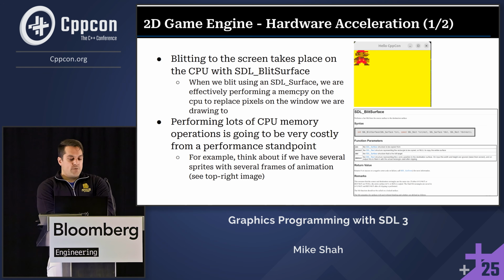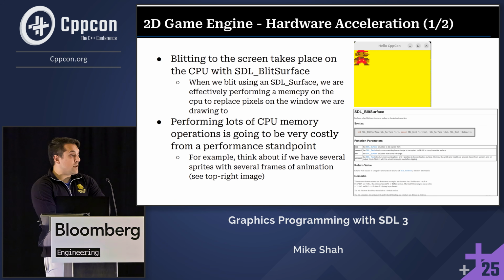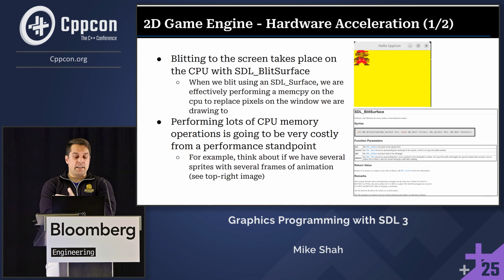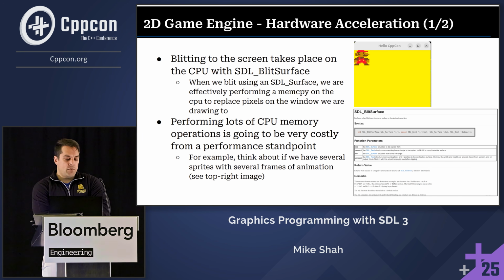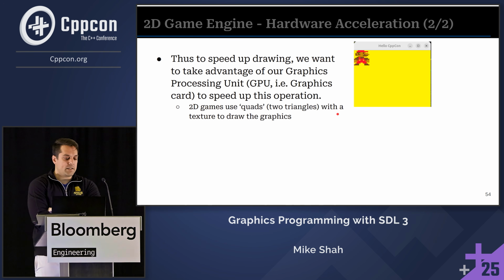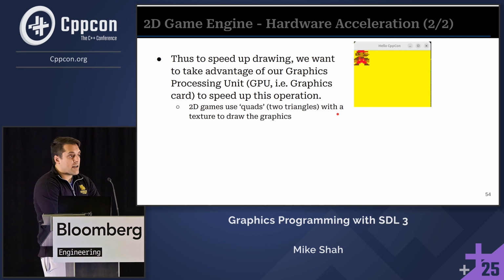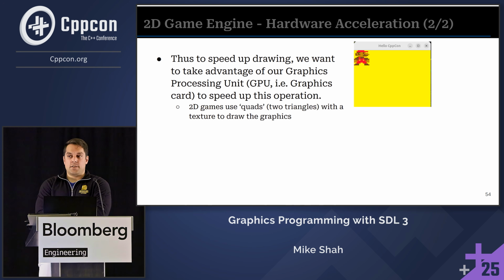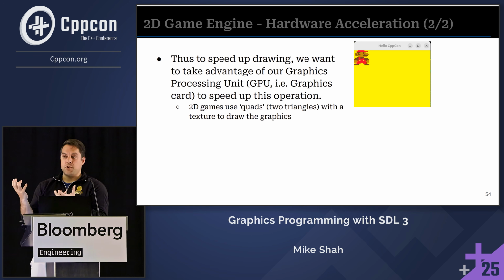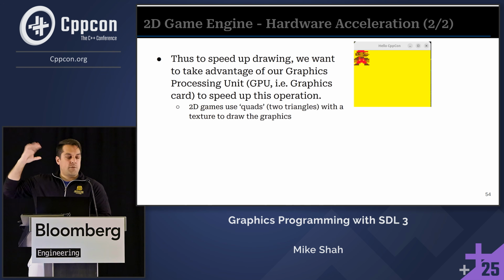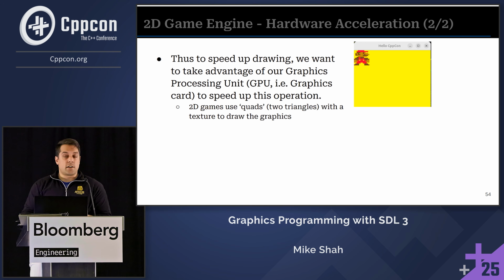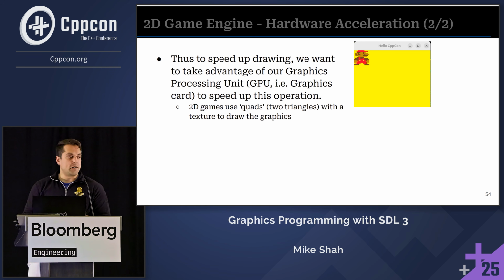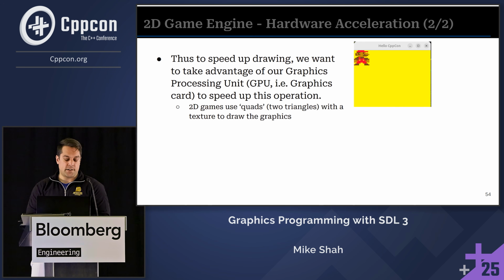So rather than just doing effectively these CPU operations of blitting or mem copying, what we want to do again is take advantage of our graphics card and the hardware acceleration. Okay, so that's how we're going to speed up our drawing. So our basic strategy is going to say, hey, let's use our graphics card to copy some pixels into a rectangle, or what we usually call a quad, and then we'll have those pixels in GPU memory, and our graphics card is really good at drawing things in parallel to the screen. So that's the idea.